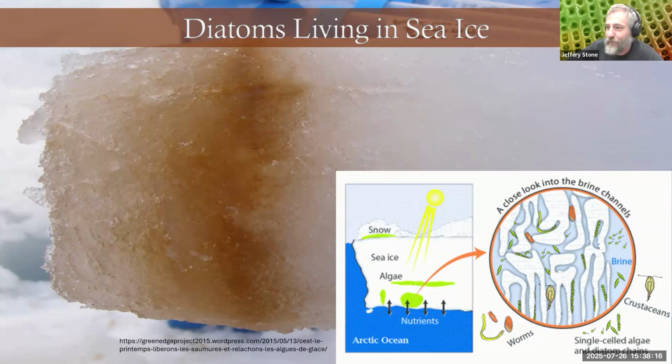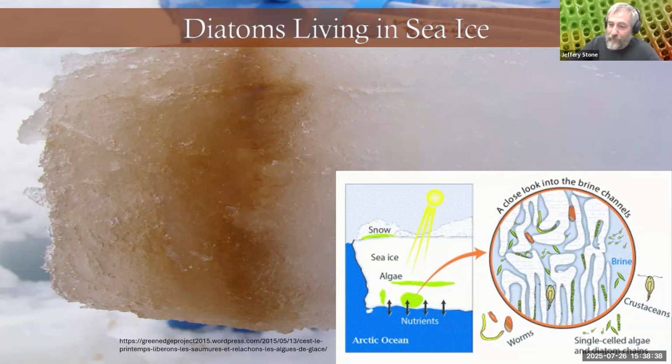These are diatoms that have been frozen into the bottom of sea ice. These are really interesting extremophiles because not only are they living in extremely cold conditions, but this is sea ice. In order for the sea ice to actually turn into ice from water, the salts get purged out of it.